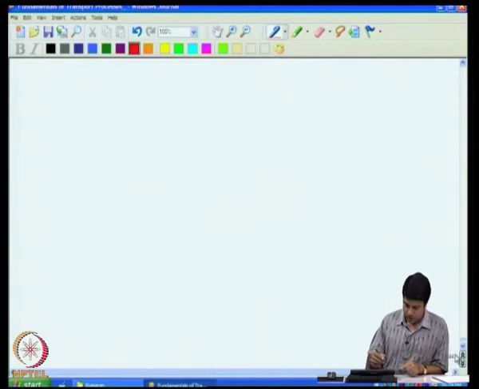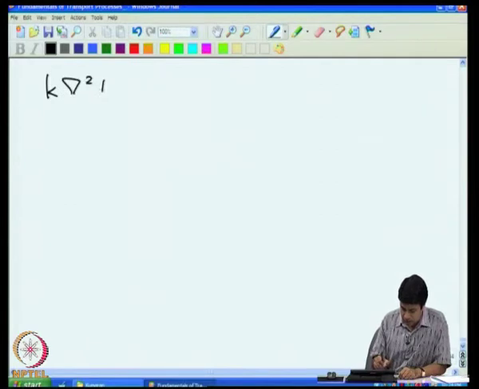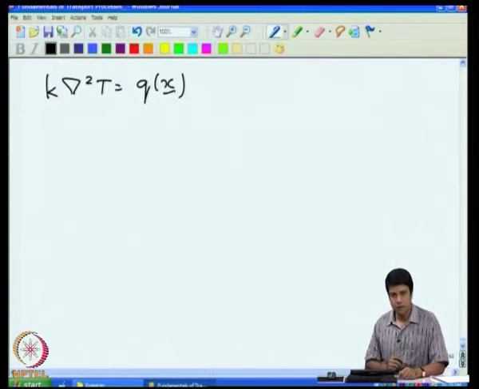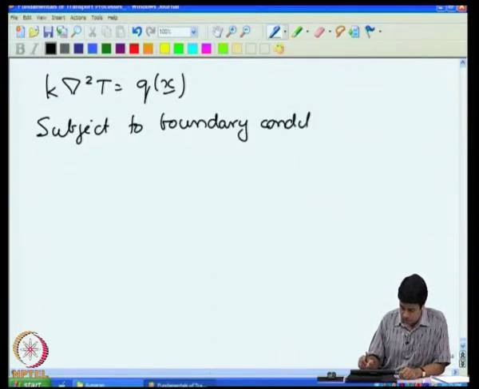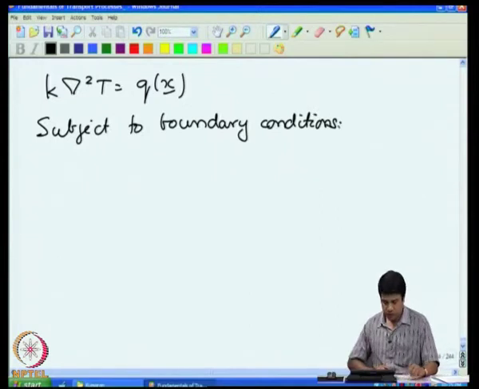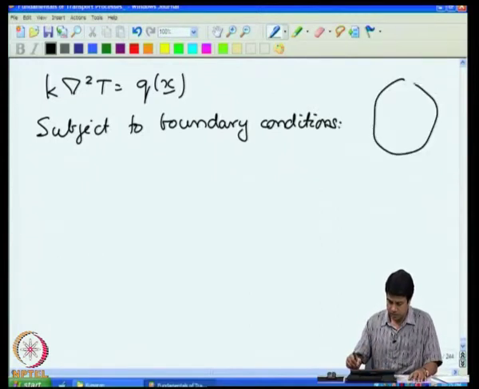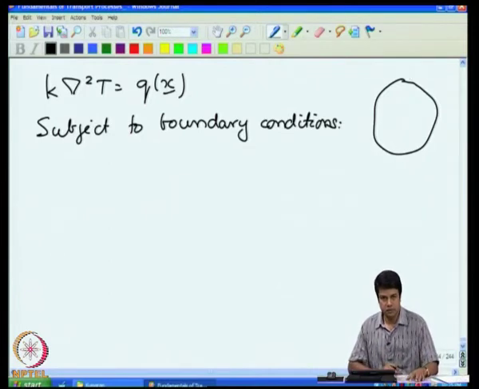Let us assume that we have some problem to solve, k del square T is equal to some q of x, subject to some boundary conditions on some domain that I have. I have some domain and I am trying to solve this equation subject to boundary conditions on this domain.